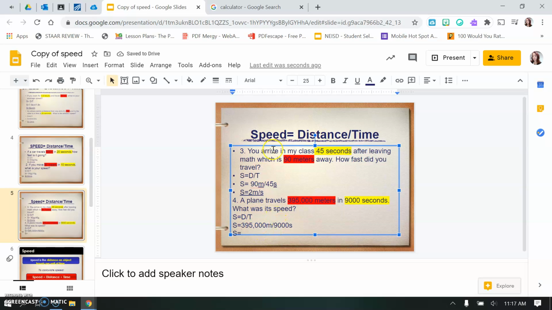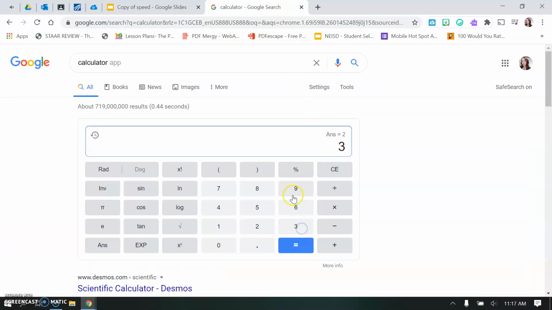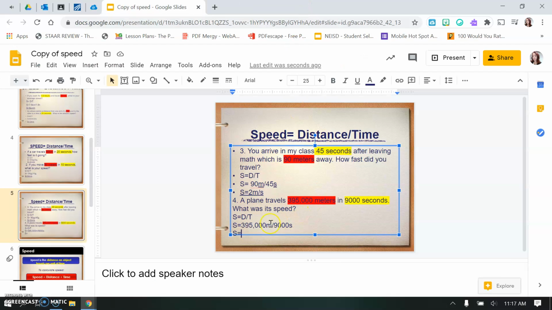You need to go to the calculator, make sure it's cleared. 395,000 divided by 9,000 gives us 43.8. So our speed would equal 43.8, but not just 43.8, you need to carry down your units. So 43.8 meters per second.